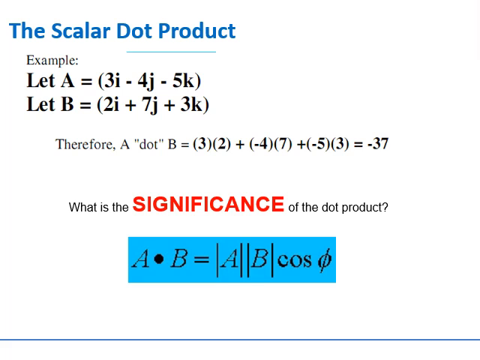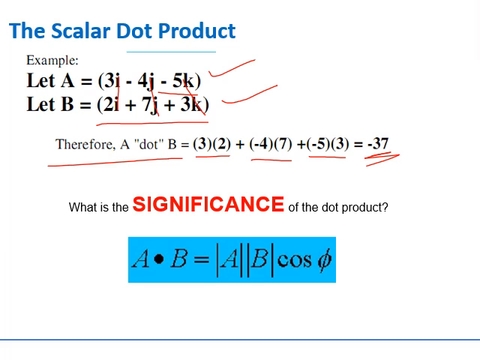So for the scalar dot product again, if you have these vectors in terms of 3i cap minus 4j cap minus 5k cap, and 2i plus 7j plus 3k, your dot product is just multiply i with i, that is 3 into 2, j with j, that is minus 4 into 7, and k with k, that is negative 5 into 3.